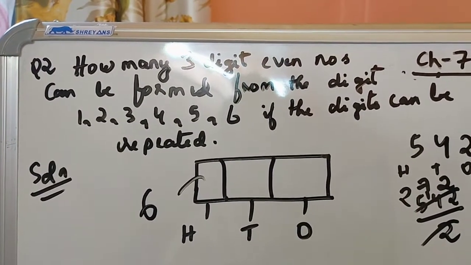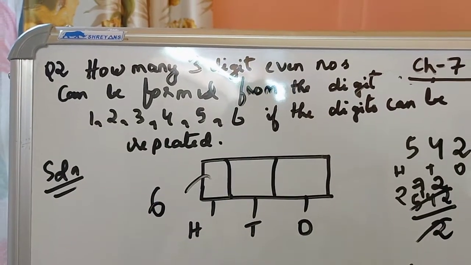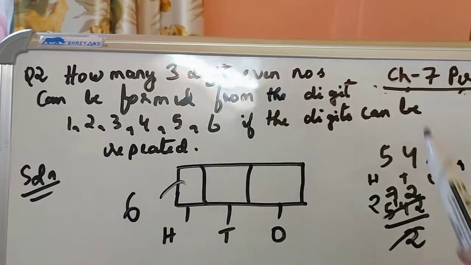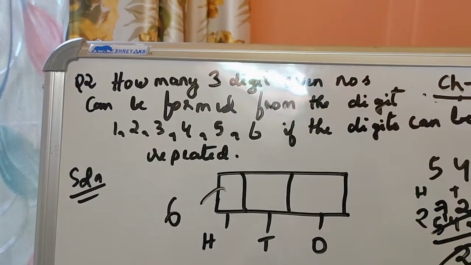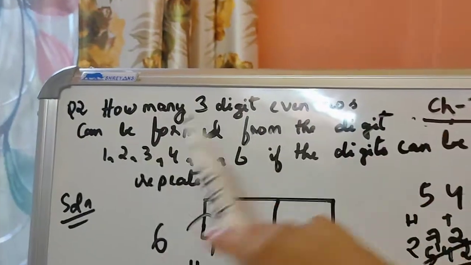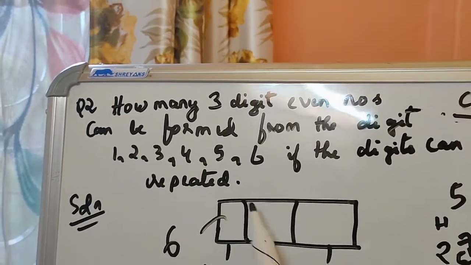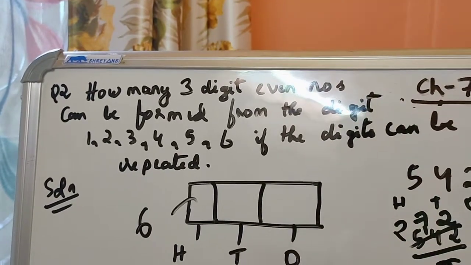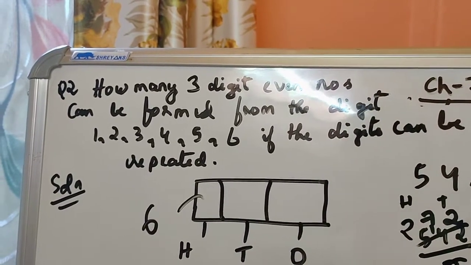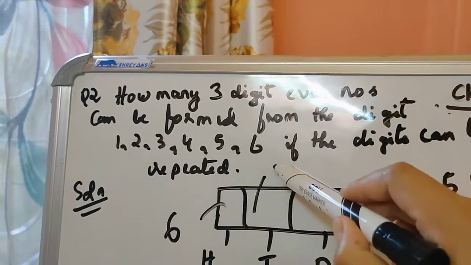Now in the 10th place, it's given that digits can be repeated. So it can be any number from here. If I have taken 1 here, I can use 1 again because digits can be repeated. So in this case here also I can use all the 6 numbers.